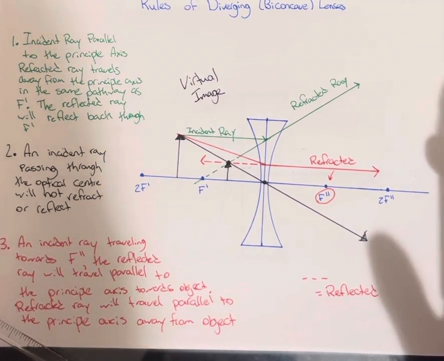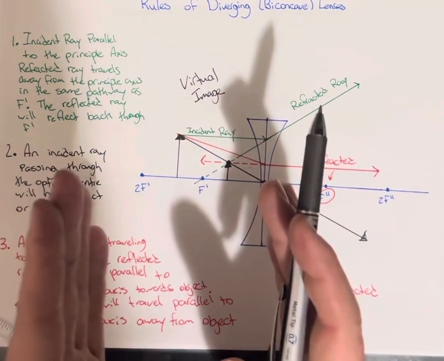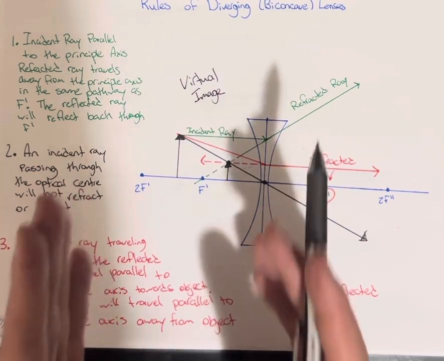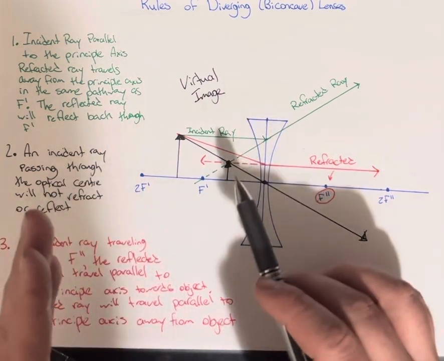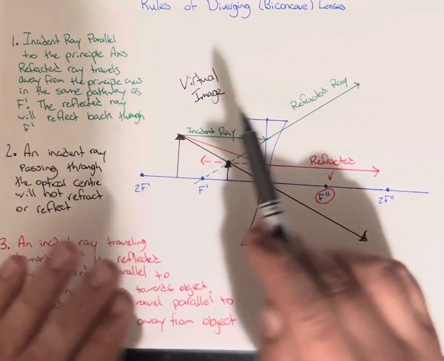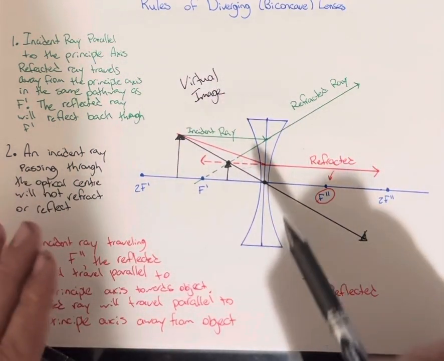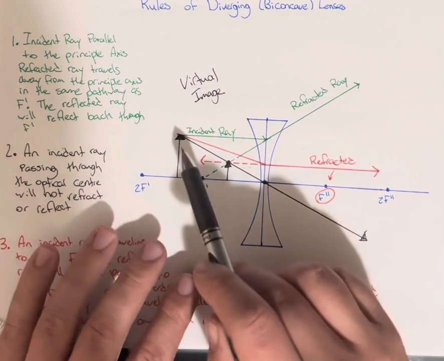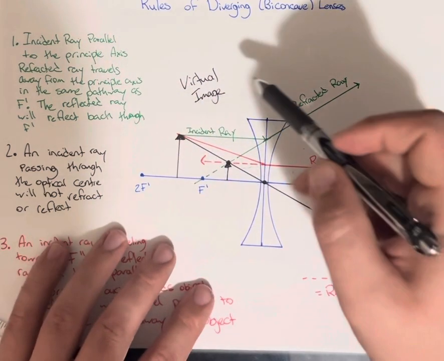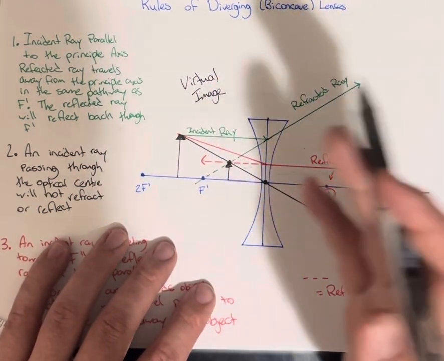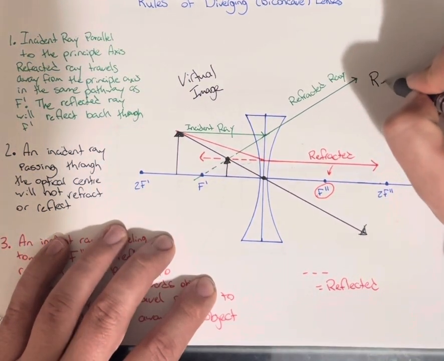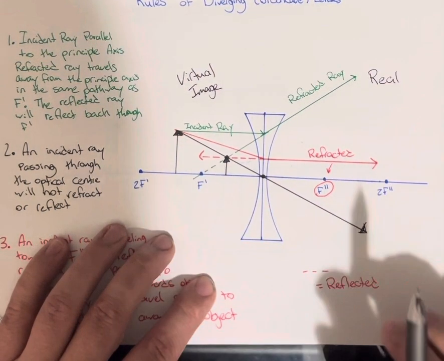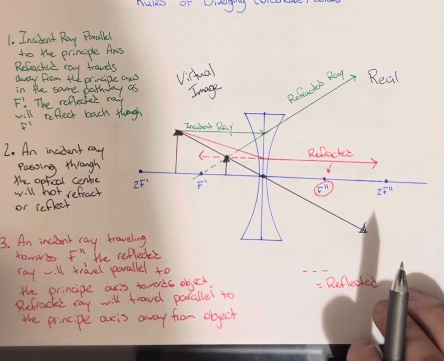In our mirrors, everything on the same side of the mirror as the object was considered real. However, in this scenario, it's flipped. So just remember that with lenses and mirrors, instead of having the real image on this side, it is now going to be considered virtual if it is on the same side of the lens as the object, and it would be considered real if it was on the opposite side of the lens as the object.